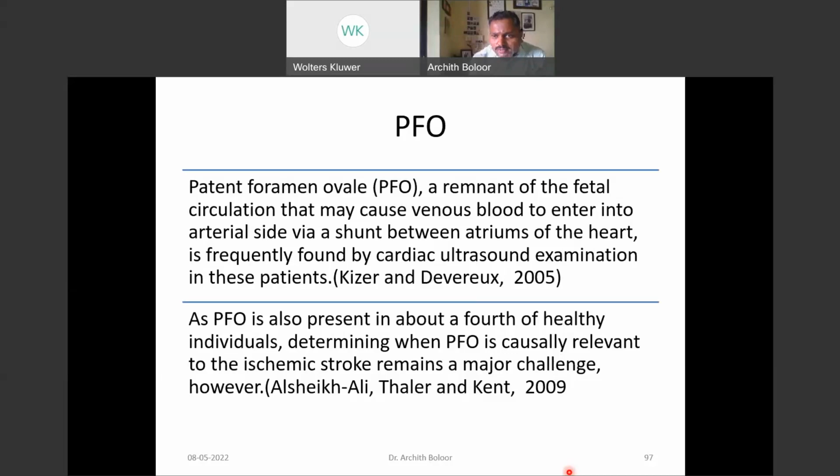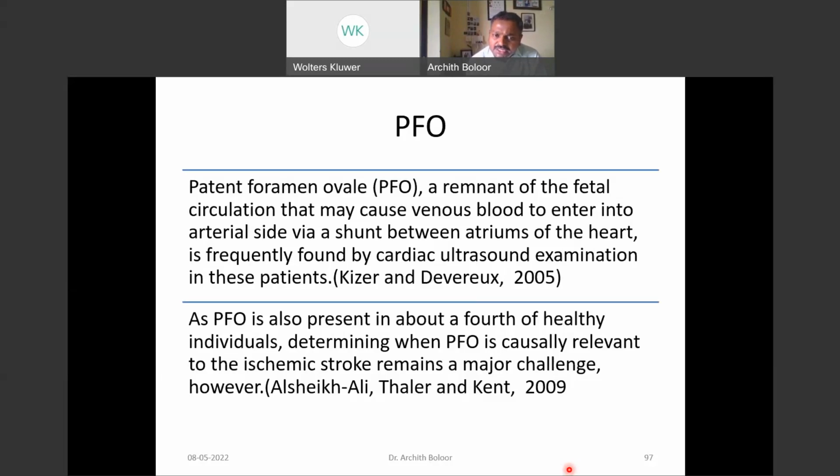Coming on to the patent foramen ovale, which I told you is nothing but a remnant of the fetal circulation, where it acts as a shunt, like a septal defect. Traditionally, it was believed that PFO is not a functional entity, it is just present there anatomically. But now we have understood that this is one of the important causes for cryptogenic stroke and some sort of embolic stroke.